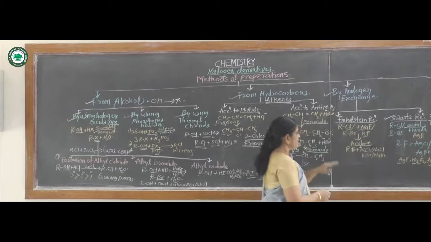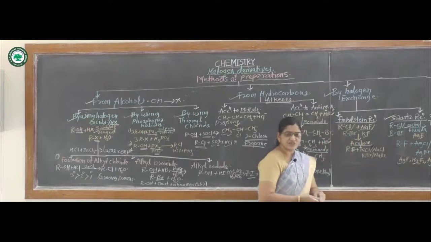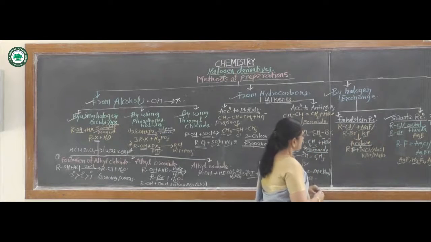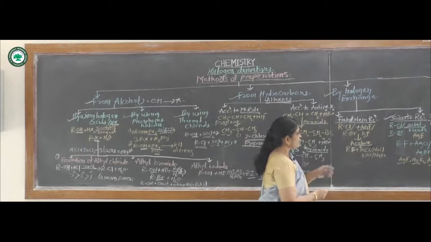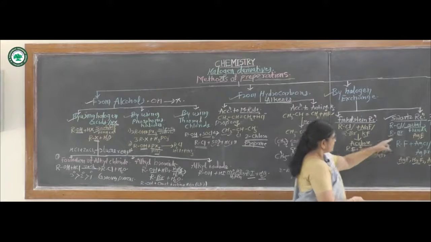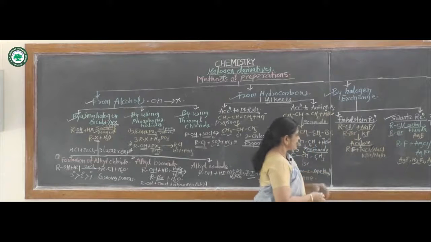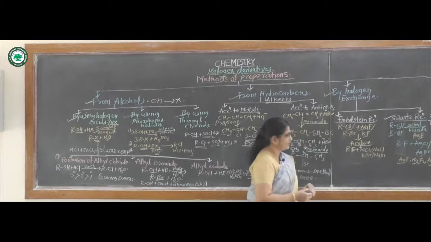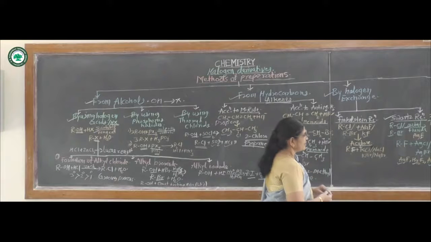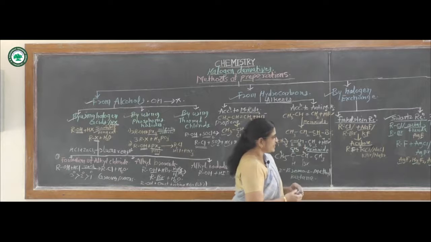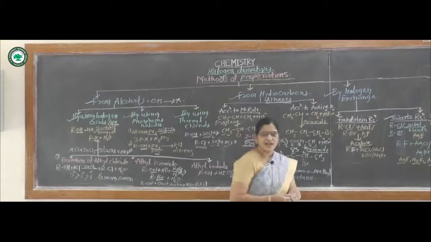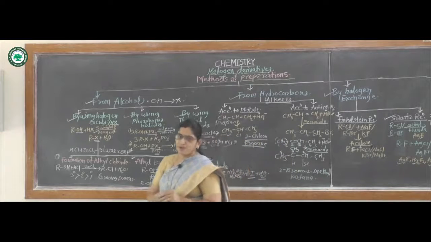In both reactions, one halogen atom is exchanged with another, using sodium fluoride or potassium fluoride in one and metallic fluorides in the other. Both reactions give alkyl fluorides. And the last reaction, by electrophilic substitution, gives from toluene ortho-bromotoluene and para-bromotoluene.